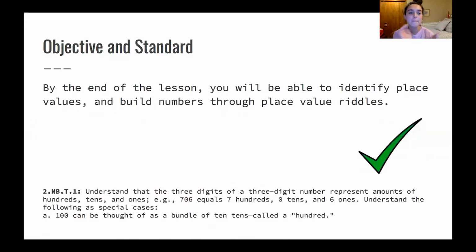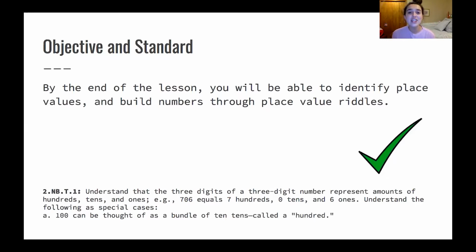So, moving on, this is our objective and our standard. I always love to include the objective and standard because I feel like you should know what you should be learning. I also like to check in again at the end to make sure that you feel like you've actually hit this objective and learned what you are supposed to.